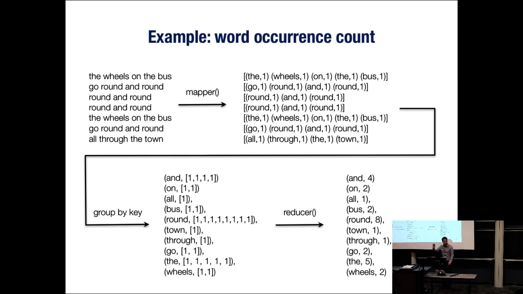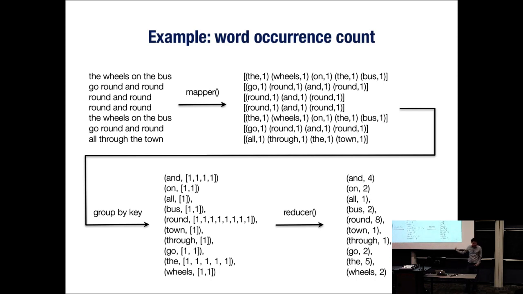In this case, it's a very simple list, but this is a list of all the different values that occur with that key. They're all the same in this case, of course, because they're all just 1. But this would be, for example, the list of values that the key "round" gets, because "round" occurs 8 times in that song.